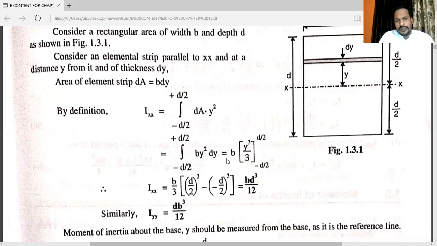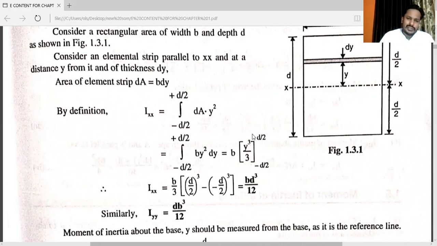When you simplify this, b is constant, in bracket y cube upon 3, bracket complete. The limits are minus d by 2 to d by 2.